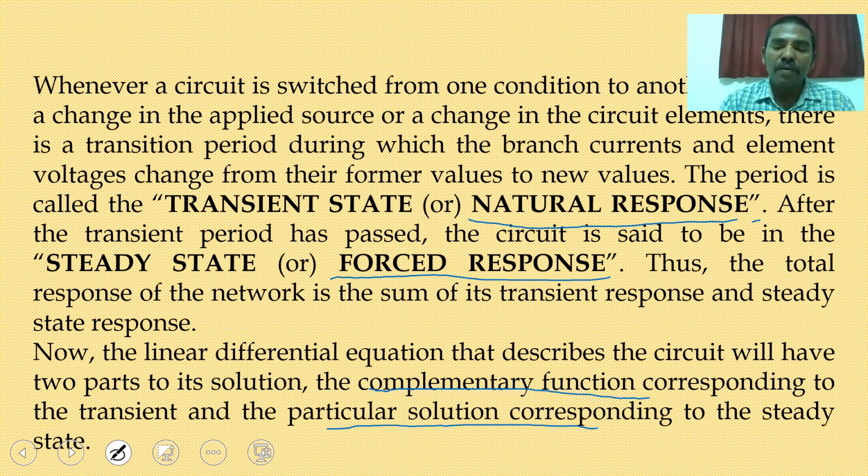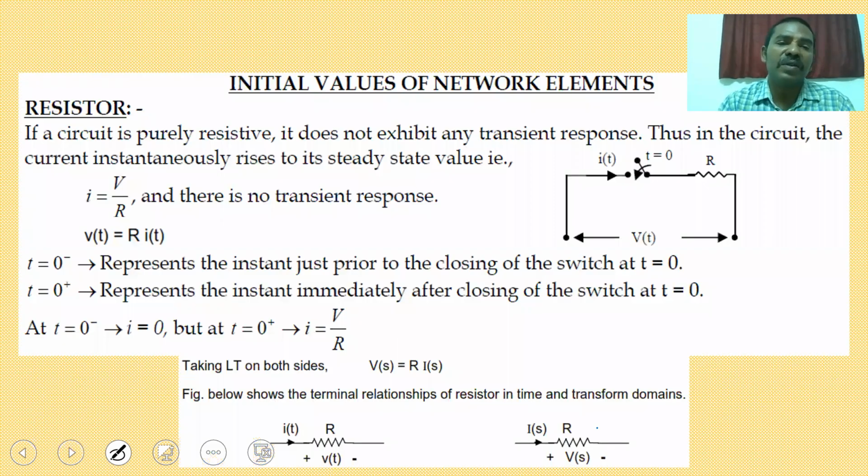Okay, so now one by one we are choosing the parameters and initial conditions. First I am taking a pure resistor. A pure resistor R ohms is excited by a V of t. A current will flow through the circuit when the switch is closed at t is equal to 0.